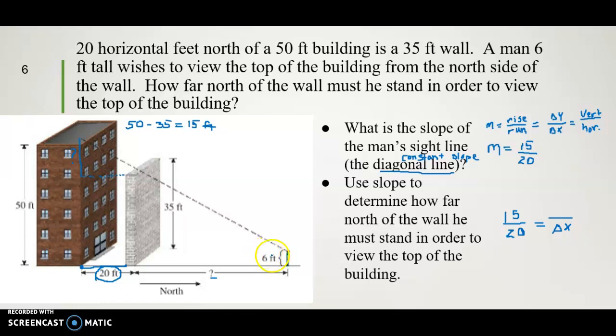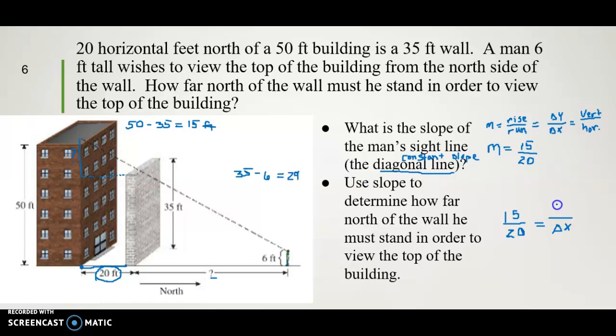Well, I look at the height of the person, that's 6. I look at the height of the wall, that's 35. So if I do the subtraction, then I come up with a difference or a change of 29.